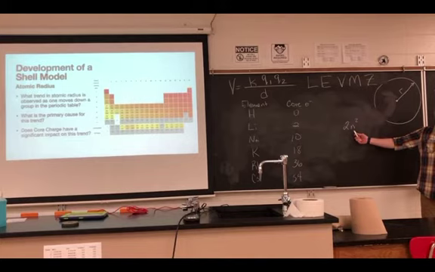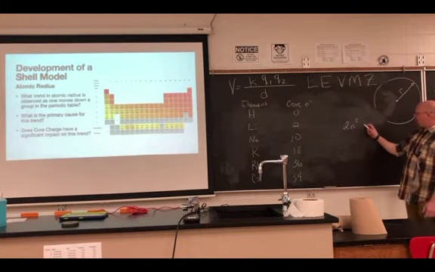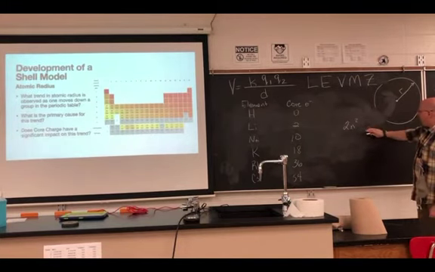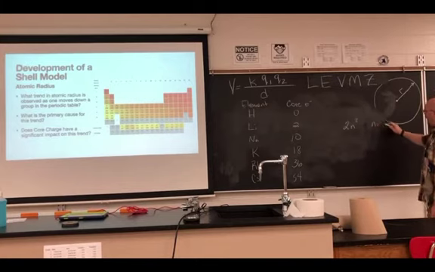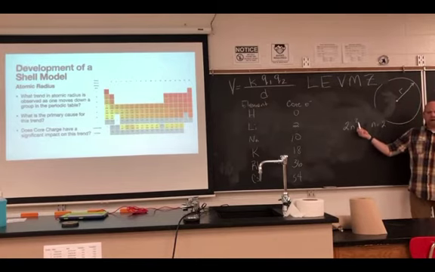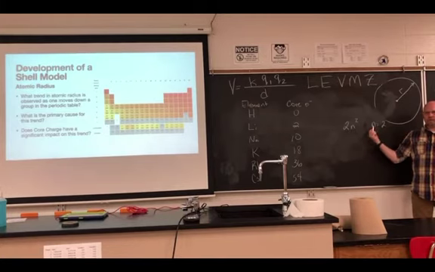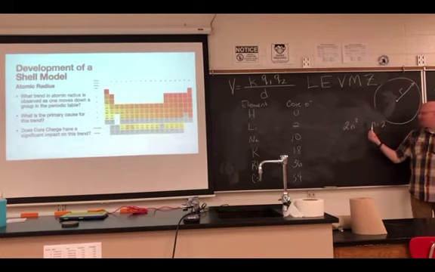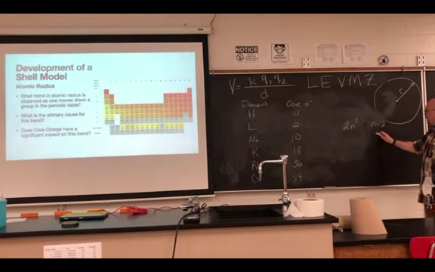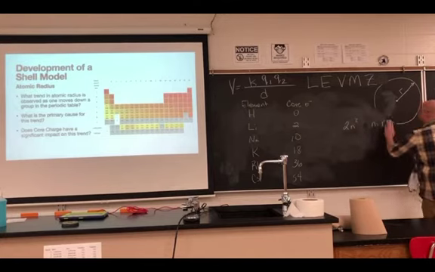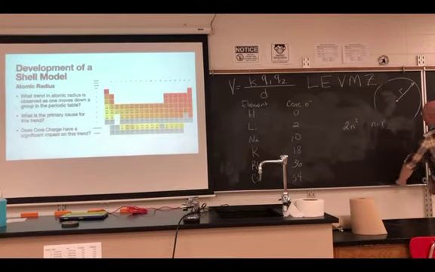So if I were to plug in 1, so if N equals 1, then that's going to equal 2, because 1 squared is 1, times 2 is 2, right? 2 electrons.